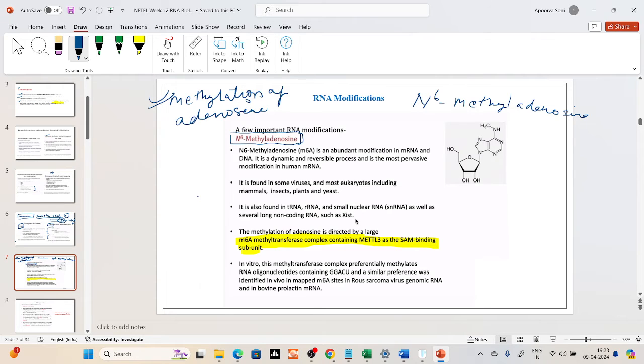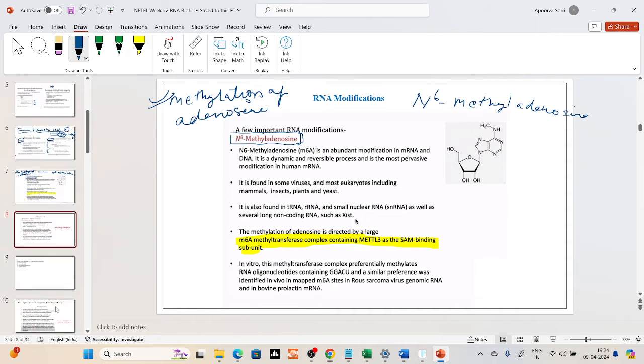That means this methylation is found across almost all species: in mammals, insects, plants, yeast, viruses, and in non-coding RNAs such as tRNA, rRNA, and long non-coding RNAs also. So it's a very common RNA modification, and it happens with the help of the m6A methyltransferase complex.